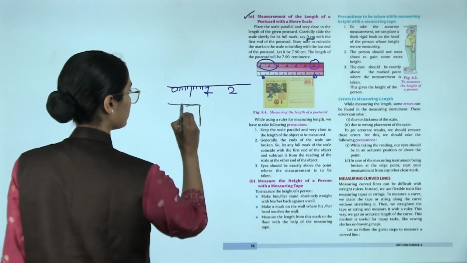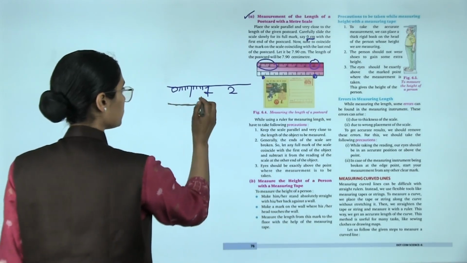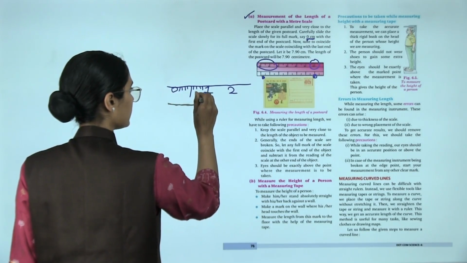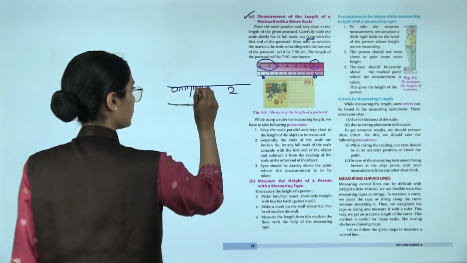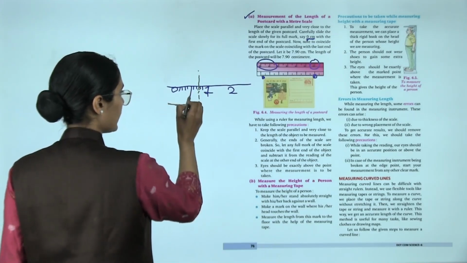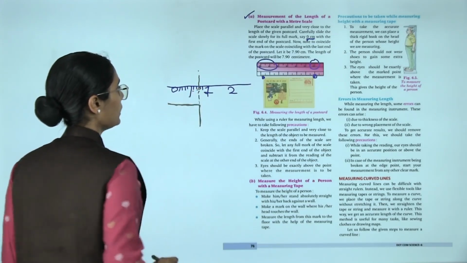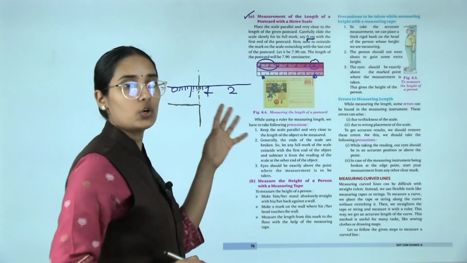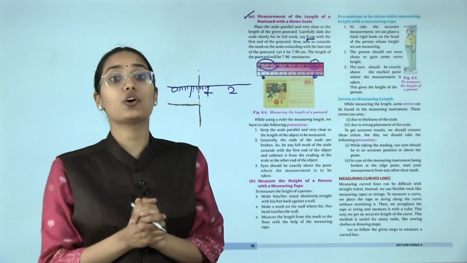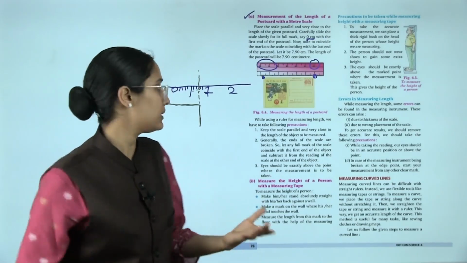So how will you measure the length? We will see, okay. So you will say 5, 6, 7, okay. So basically 0.7 or whatever the length may be, for example 7.7, right. This is how you will measure length using the meter scale.